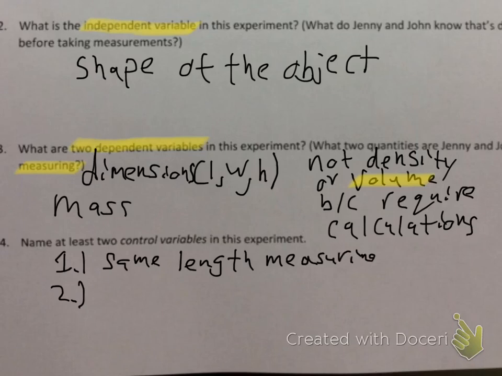And the reason why I say this is since they're using the same tool, that tells us that all of their measurements are going to be to the same precision, right? A meter stick usually measures to the nearest centimeter with precision, so it doesn't measure to like the nearest micrometer or anything.